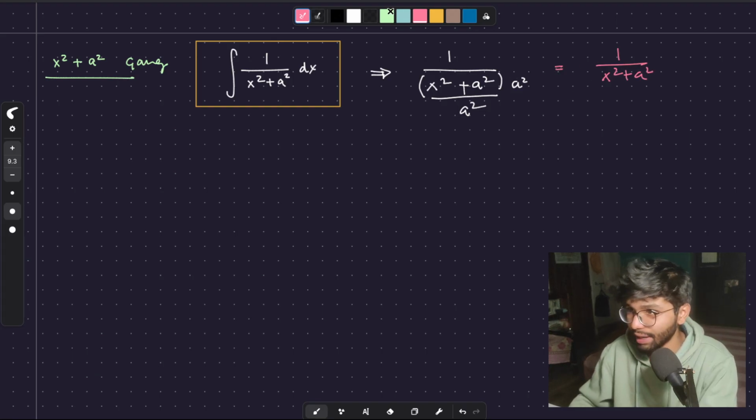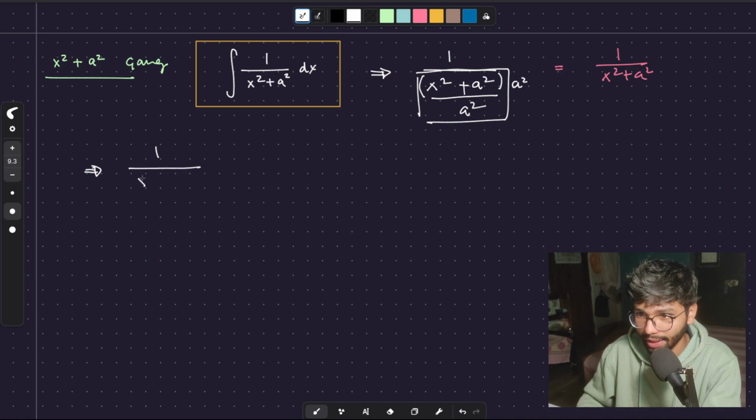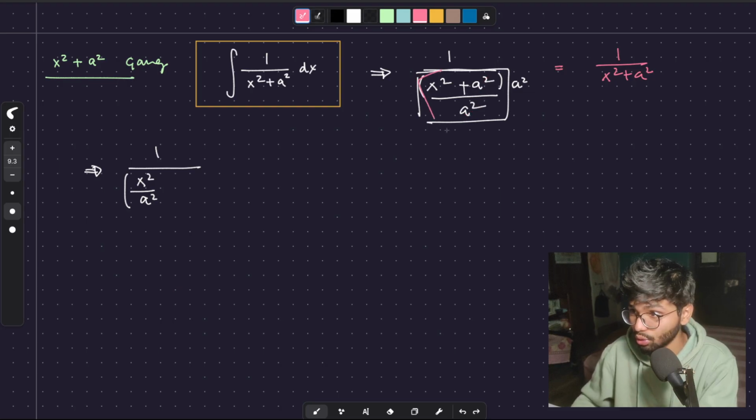All right. So what does that mean? We can take this fraction and write it like this. This will be the first one. Let me put the bracket. And these a squares get cancelled, because this is just two different fractions, right?